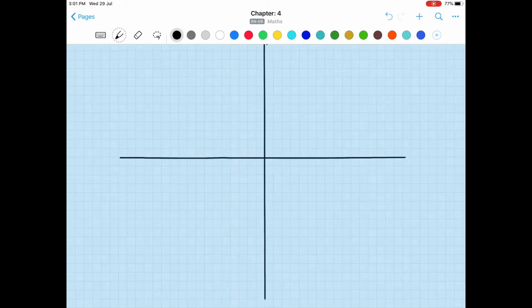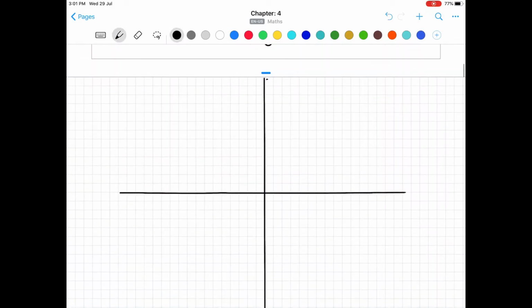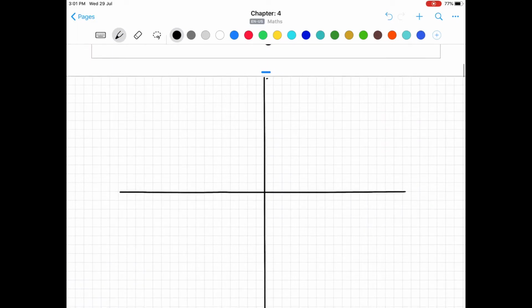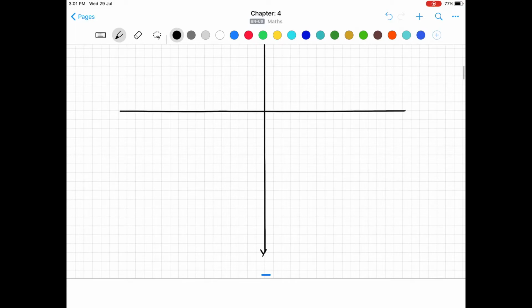Let's name the axes first. Every time you draw a graph, you write y on the upward side and y bar on the downward side. On the right hand side we have x, and on the left hand side we have x bar, and the point where the two axes cut each other is named the origin O.